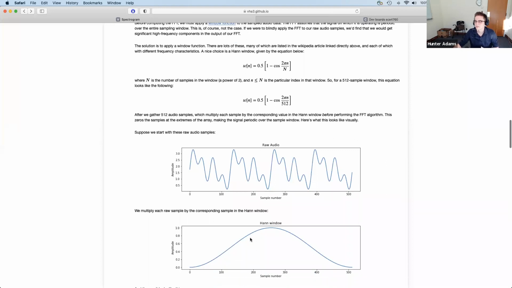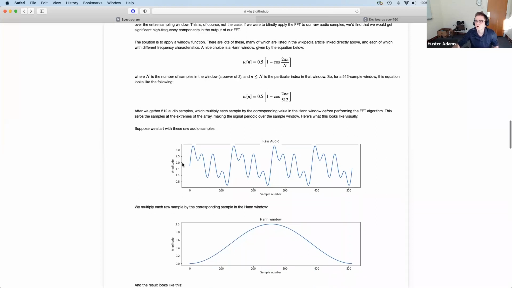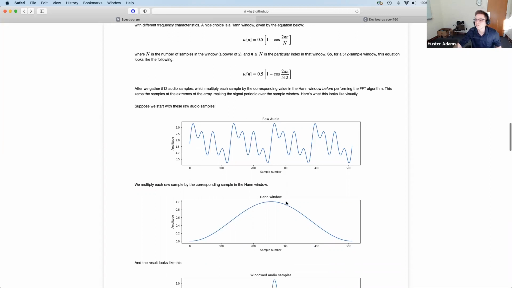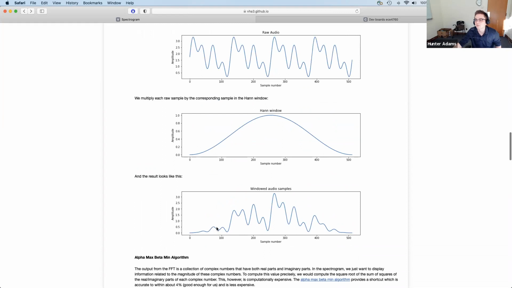Looks like this, okay? So if we have some raw audio sample that contains a bunch of sine waves of a bunch of different frequencies, additively combined, linearly combined, we apply this windowing function to it. You end up with something that looks approximately like this, right? The same signal, but attenuated out at the sides and attenuated smoothly. If we weren't to do this, if we were just to pass the raw audio samples into the FFT, what we would end up seeing is a lot of high frequency stuff in our FFT output.